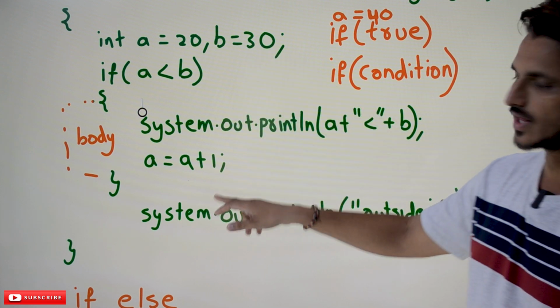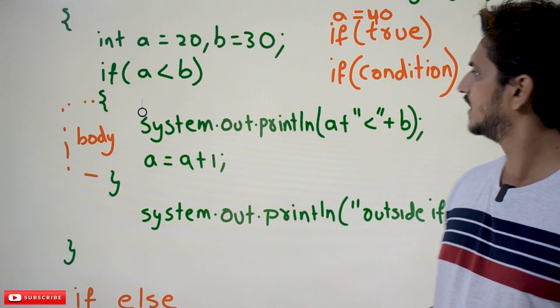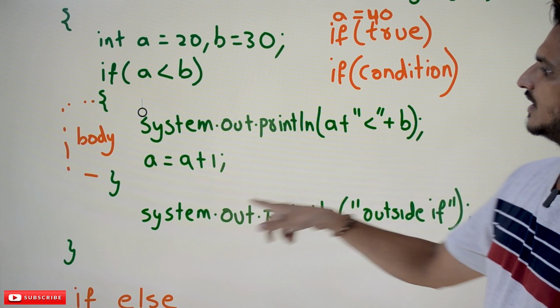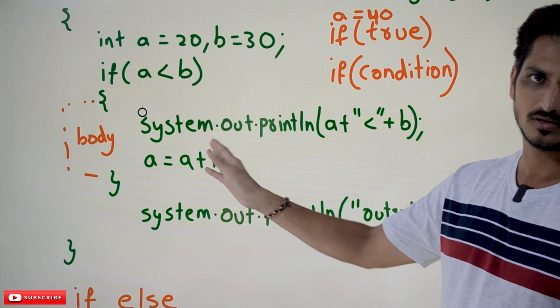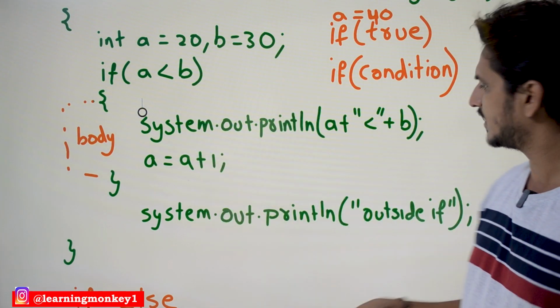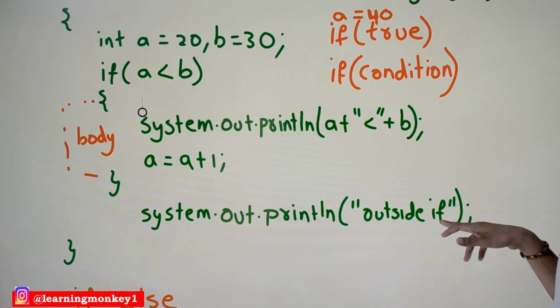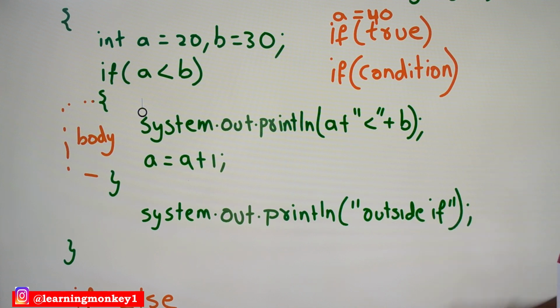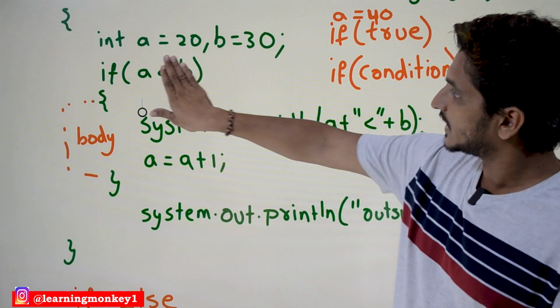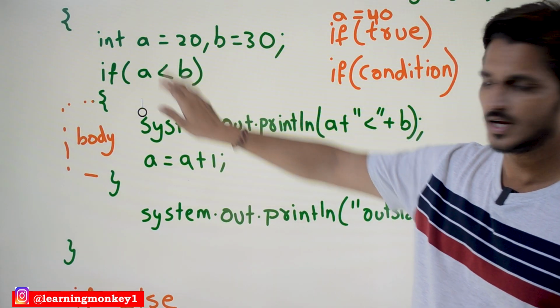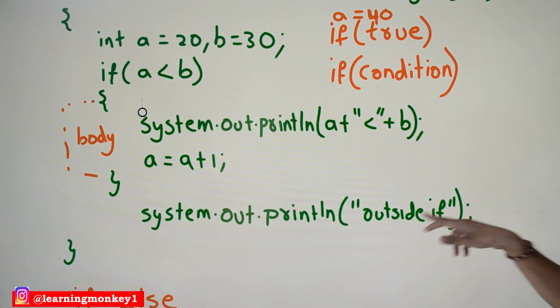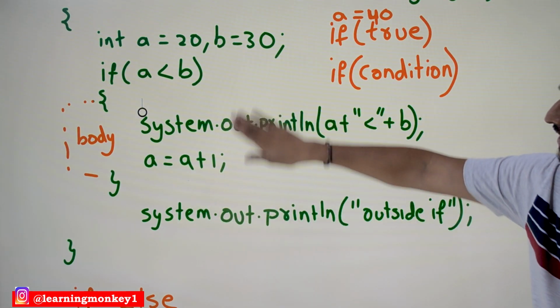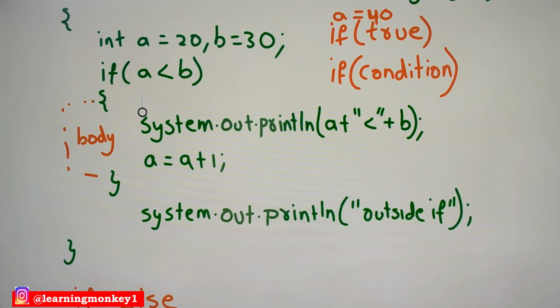So what is this program going to output? 20 less than 30, then a is equal to a plus 1 updates a to 21, then it displays outside if. So your output is 20 less than 30, outside if. If the condition is false, what is your output? It is going to display only the statement outside if. It is not going inside the if condition.